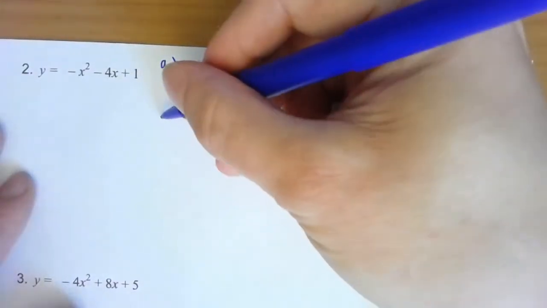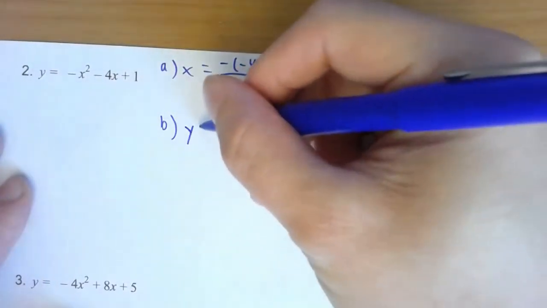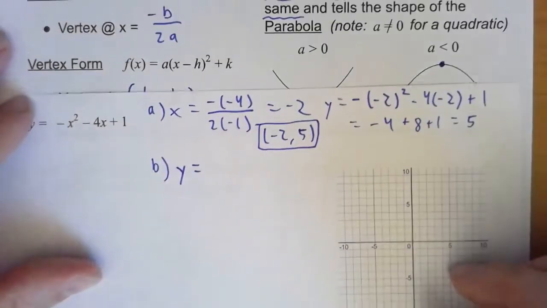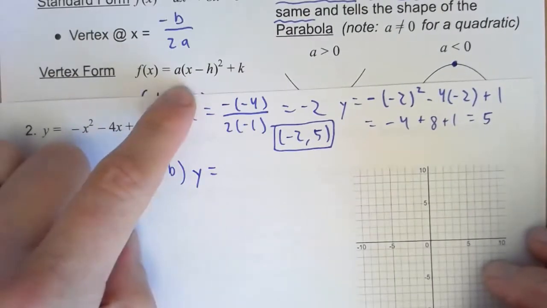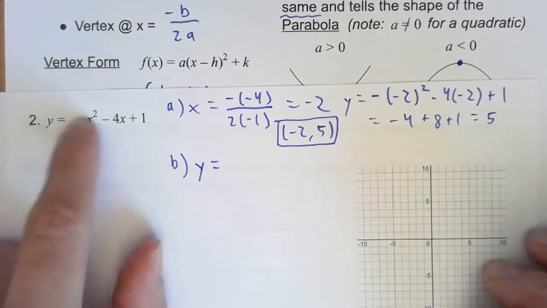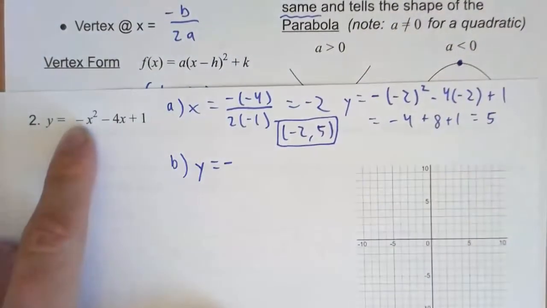So then once you've got that, you can write the vertex form really nicely. Now remember, vertex form starts with the a. Don't forget that a. How do we find the a? Just copy it down. This a right here was -1, so the a down here is going to be -1.